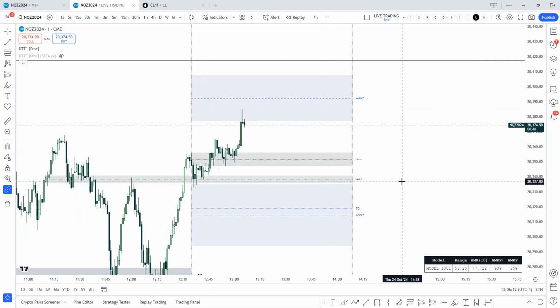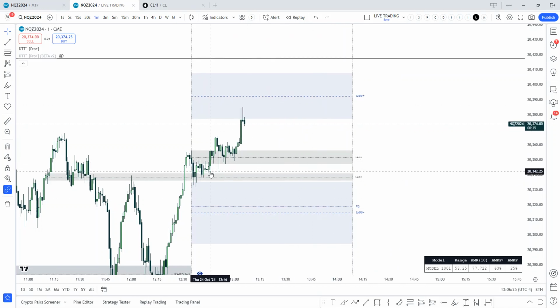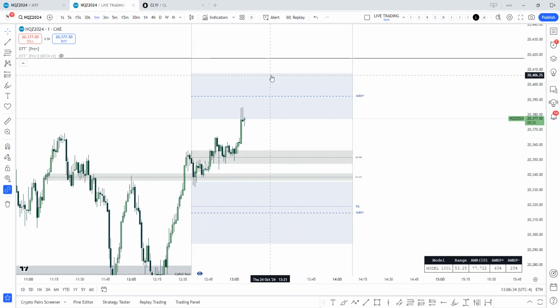If you ever thought about it, I think ToodeGrees has the average daily range indicator. It's kind of like that, but now we're doing it for fractal models. So you could jump into a chart any time of the day, hop on this indicator, look for AMRP to be tapped if there's a setup, and have a small scalp like that.